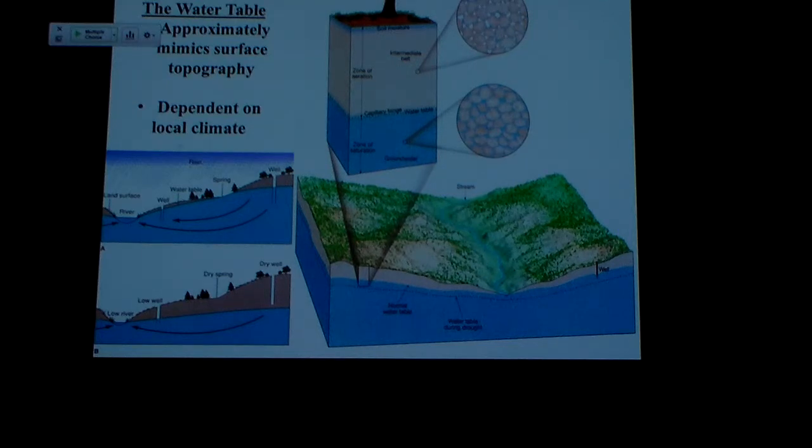So some places it can work its way up a little higher, some places a little lower, but that zone of capillary fringe is going to vary. So you'll see this kind of fuzzy boundary between the aeration zone and the saturation zone.